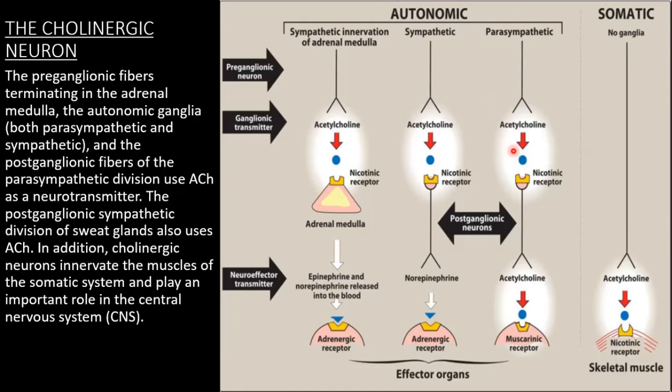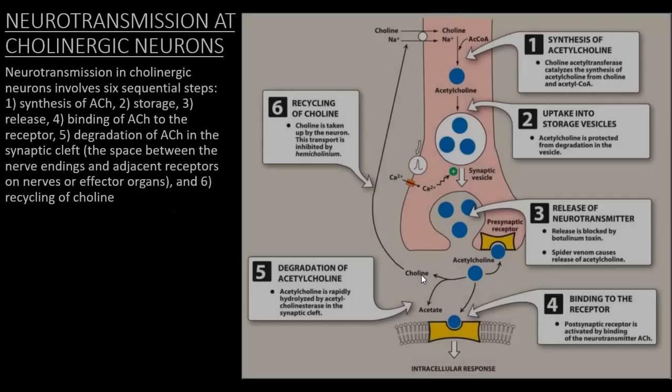Acetylcholine is also the neurotransmitter at the neuroeffector junction in the parasympathetic nervous system, and at the neuroeffector junction of the sympathetic nervous system to the sweat glands. We also use acetylcholine there, so please understand that.